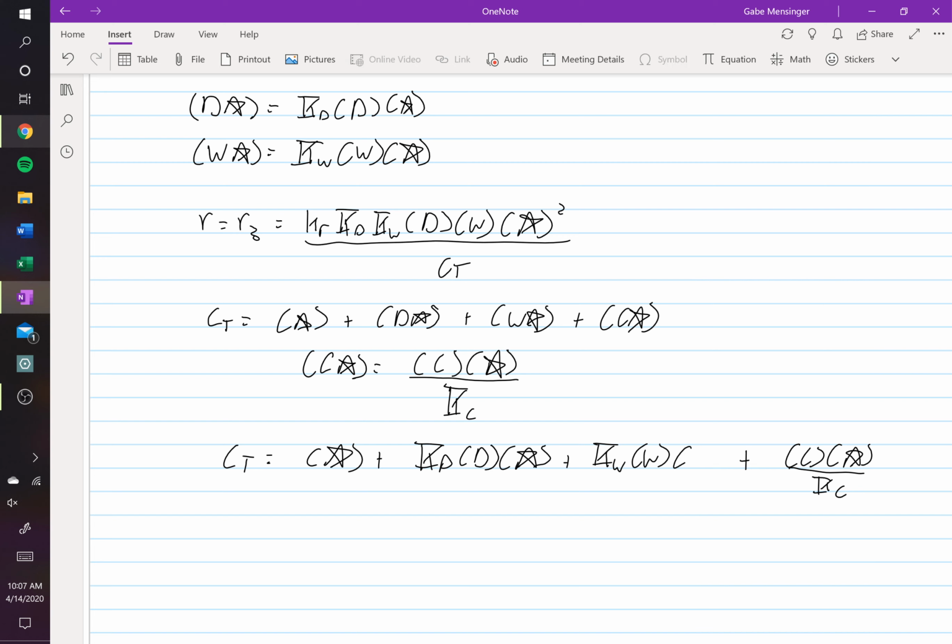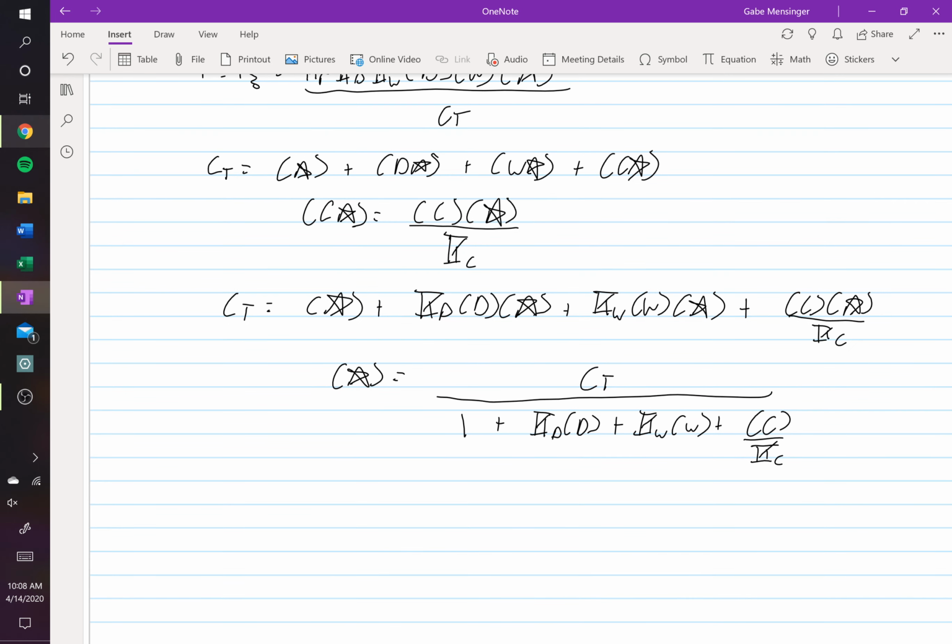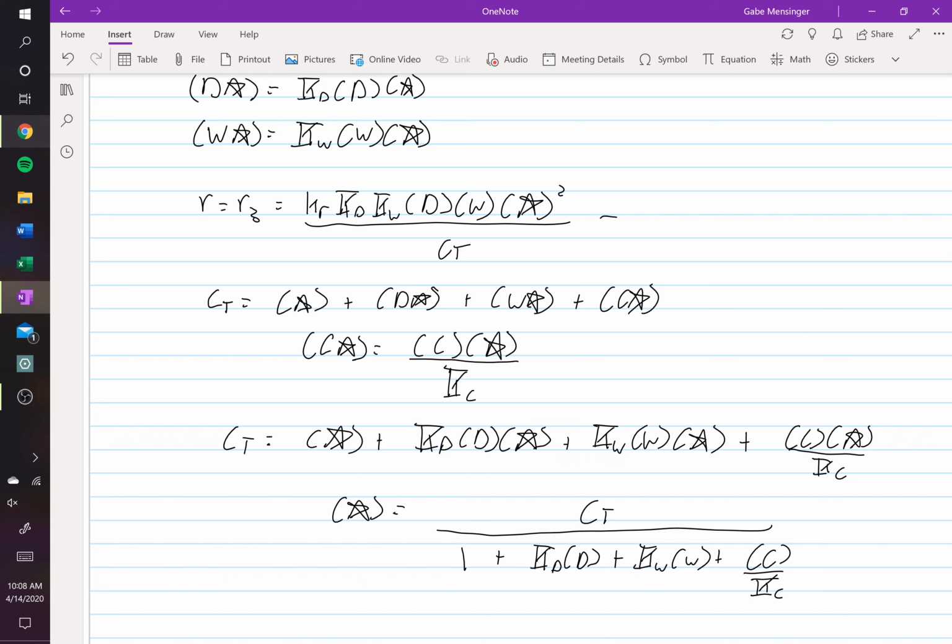That's supposed to be a star. Okay. Now we can solve directly for our star term to get, and we plug this back in to our reaction rate right here.